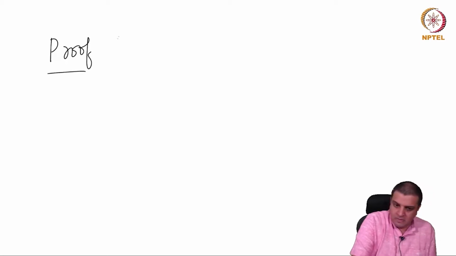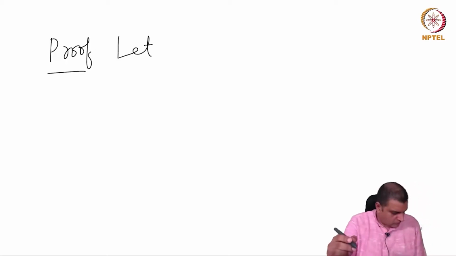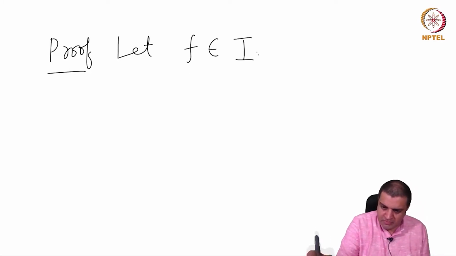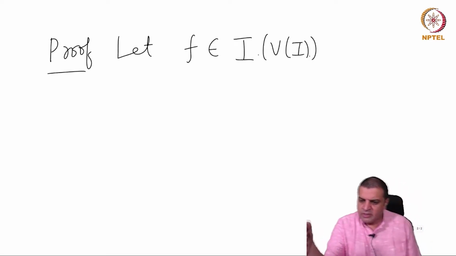So, proof. Let f be an element of the ideal of the variety of I. So let me just remind you what this is.